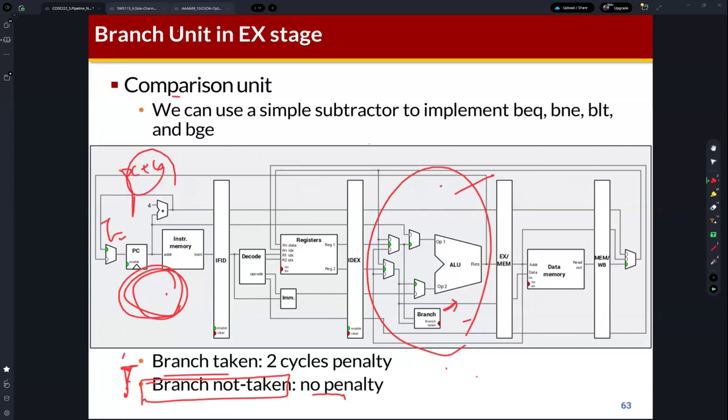So this is the static branch predictor, and in the static branch predictor, we just predict that the result of the branch is not taken. But if the branch is taken, then 2 cycles are wasted. How can you reduce this wasted cycle?